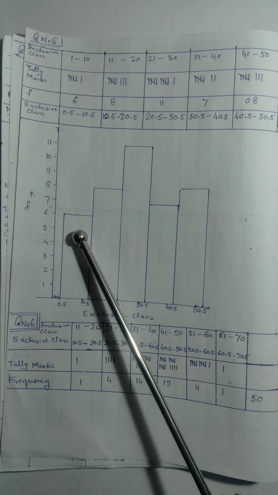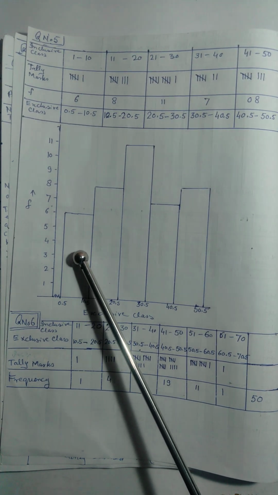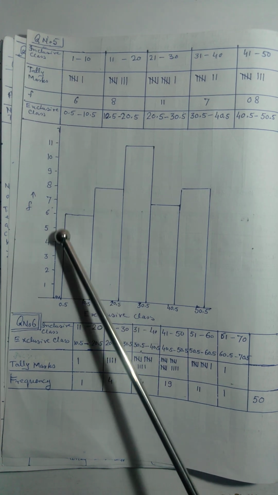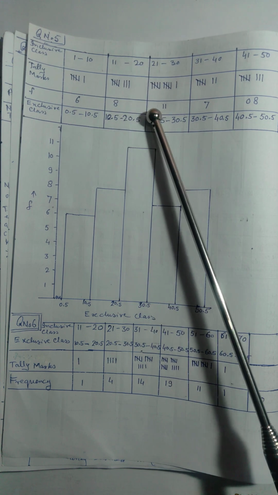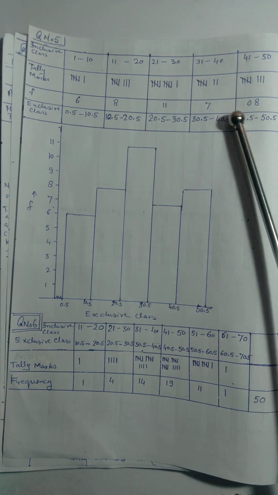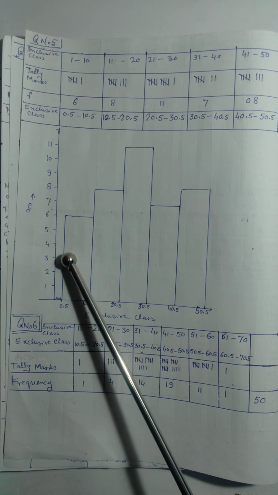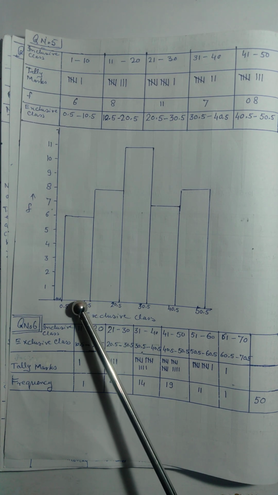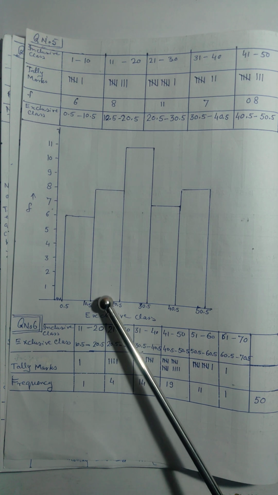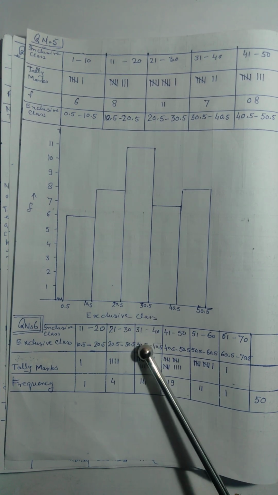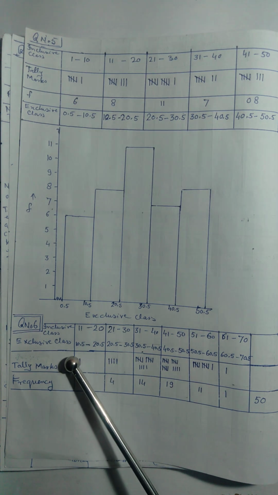The height of each rectangle will be represented by the corresponding frequency. That frequency will help you find the height, or you can say the length, of the rectangle. In this way you can prepare the histogram. Now come to question number 6.